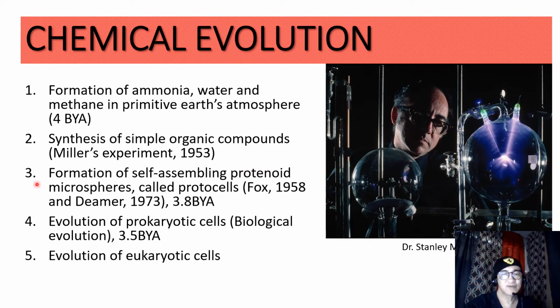And then you have the formation of self-assembling proteinoid microspheres called protocells. That's the third event. This third event probably led to the evolution of the prokaryotic cells.